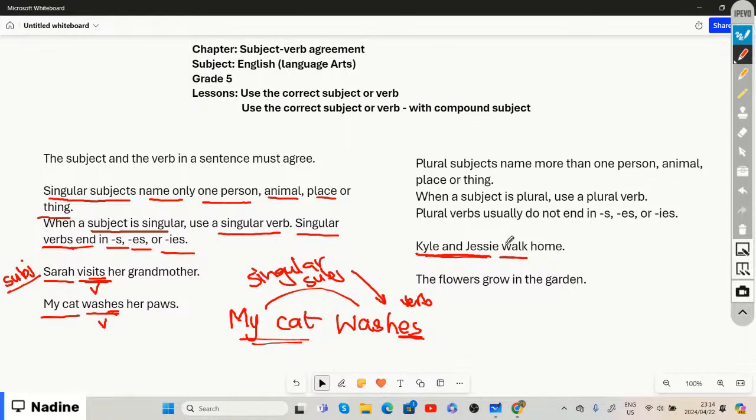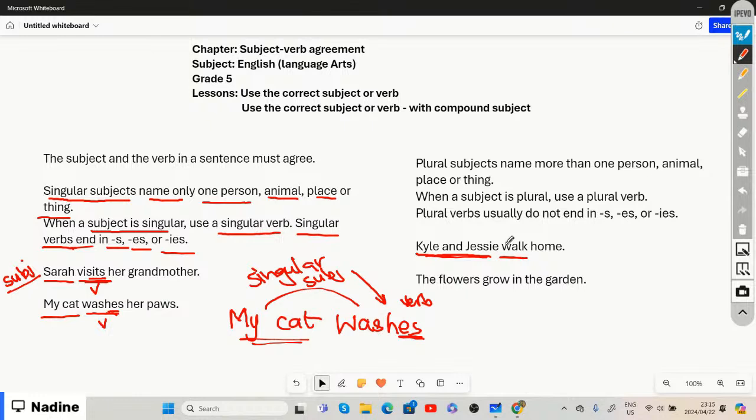So I wouldn't necessarily say that plural changes to singular or singular changes to plural. For now, just think of the idea that if you have a singular subject, referring to one person, animal, place, or thing, then our verb ends with an s, es, or ies.